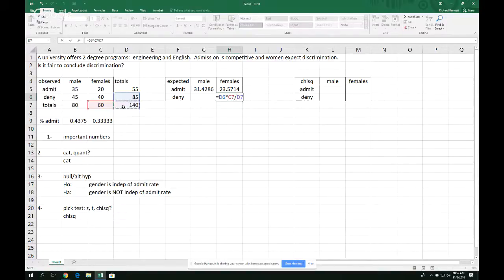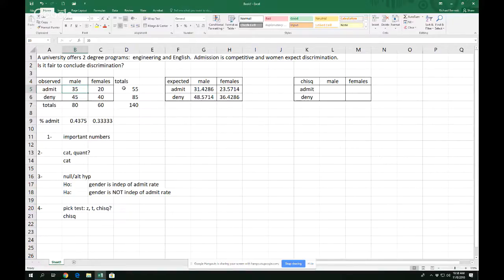Does that make sense? Let's look at this for just a moment. The idea here is we've just created our null hypothesis. If there was no discrimination going on, this is what we would have expected. We would have expected 31.5 men to be admitted, but there were 35 men who were admitted. So more men got admitted than we would have expected.